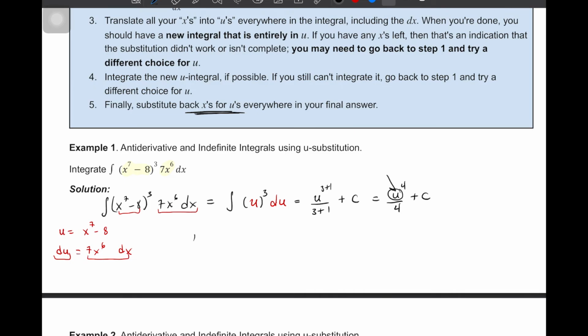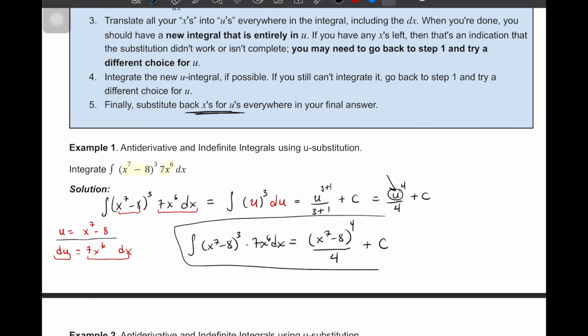So basically what we're saying is that the antiderivative of x to the 7 minus 8 cubed times 7x to the 6 dx is equal to, replace u with x to the 7 minus 8, to the fourth power over 4 plus c. There you go. That's all we needed to do. So we found the antiderivative.